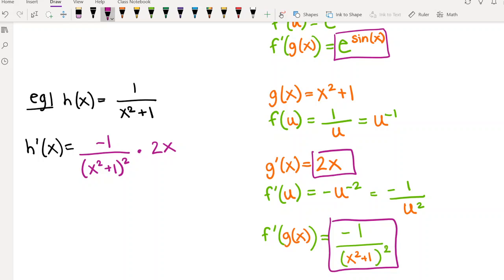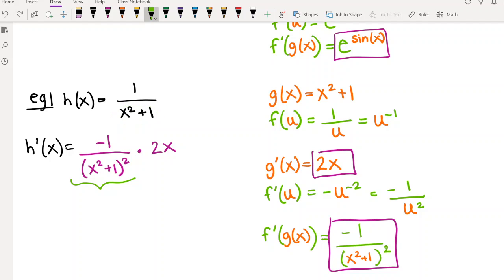So again, how would I think of this without having to write all of that out? Well, if you know that the derivative of 1 over x is negative 1 over x squared, you're just doing that same thing here, right? This is basically negative 1 over something squared. So you're doing the derivative that you would do to 1 over x, but you're doing that same behavior around the x squared plus 1 part.